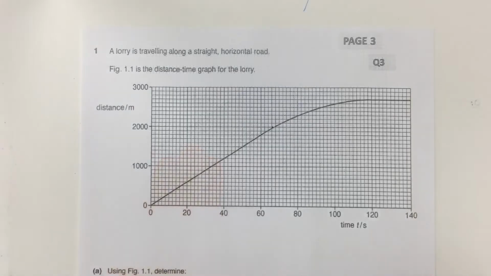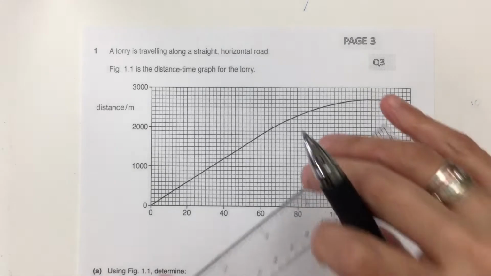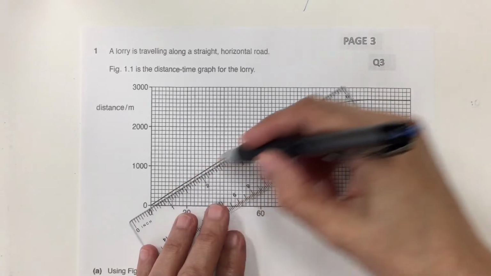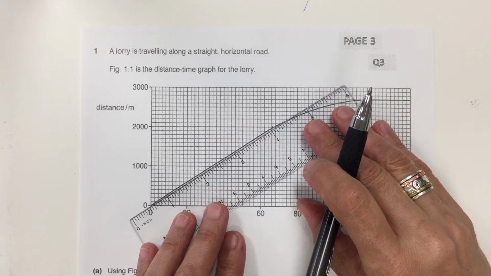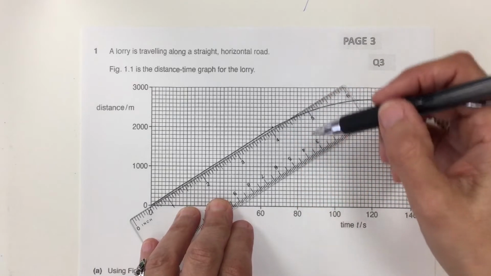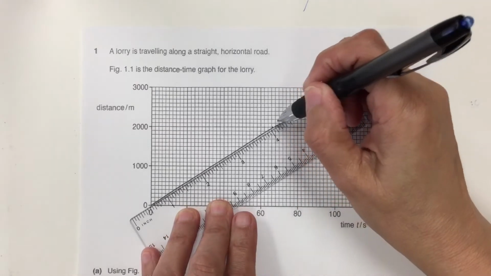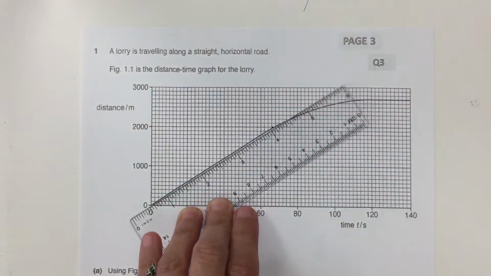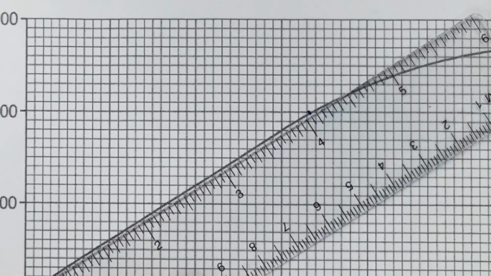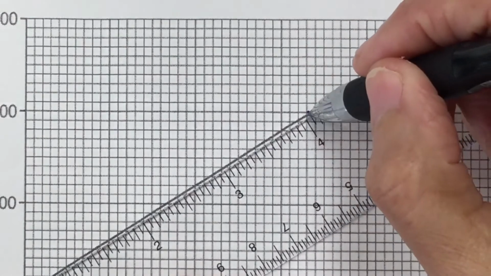All that you need to do to determine up to when the lorry is traveling at constant speed is place your ruler on this line here and observe when it starts to turn. So right here is probably the last point where the line is still straight.